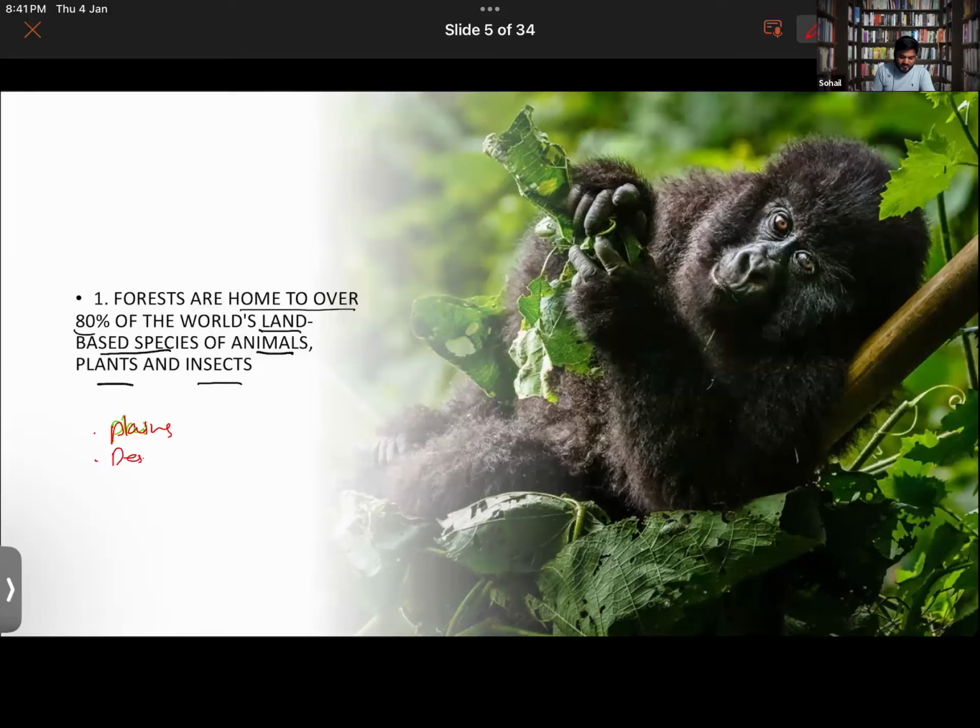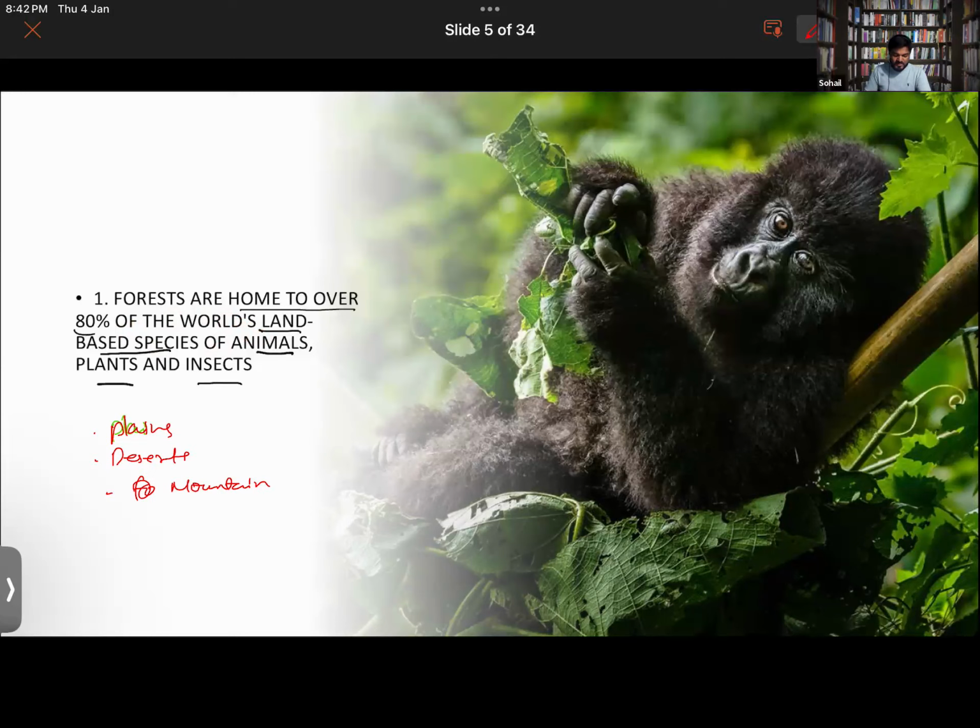You can find them in the deserts, and in mountains. But 80% of the world's terrestrial, and terrestrial refers to land, plant and animal species are found living in forest. Getting it or not?